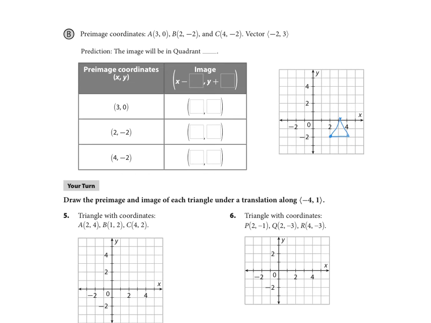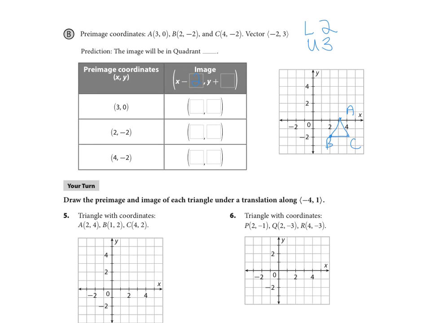And the vector -2, 3, it might be good to just remember which direction that means. -2 as an X component to the vector means we're going to the left 2. And +3 for a Y component to the vector means we are going up 3. Okay, so all of these points that we've just sketched, which are A, B, and C, are moving left 2 and up 3.